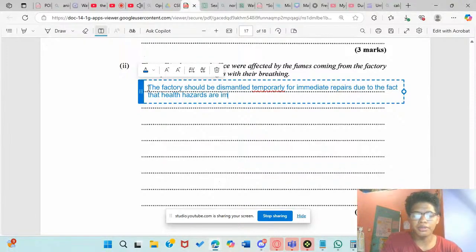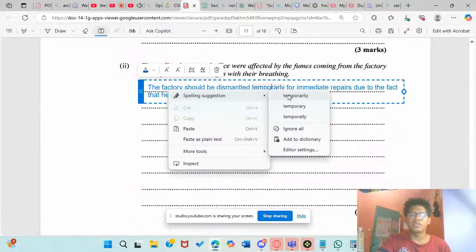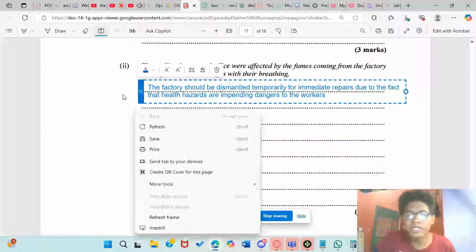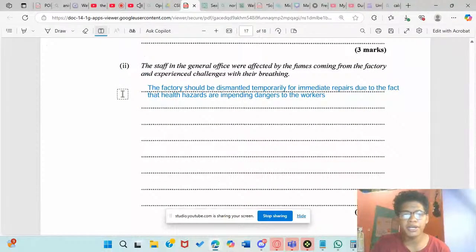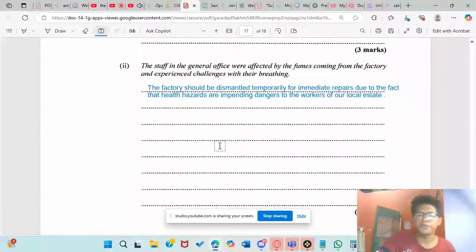The factory should be dismantled temporarily for immediate repairs due to the fact that health hazards are impending dangers to the workers. So we did answer those.